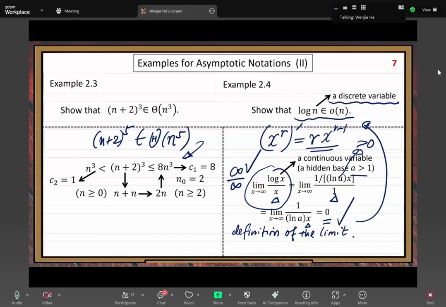I do not need to copy the definition of limit, I just use the basic idea here. Now, let's look at this continuous version. When x goes to infinity, we know x is a continuous variable.